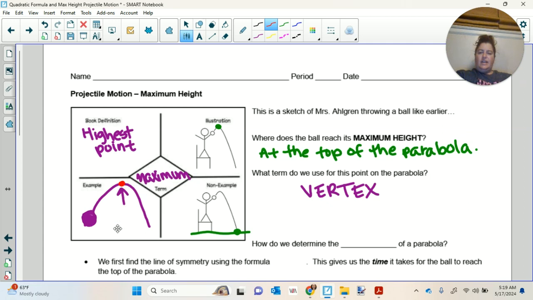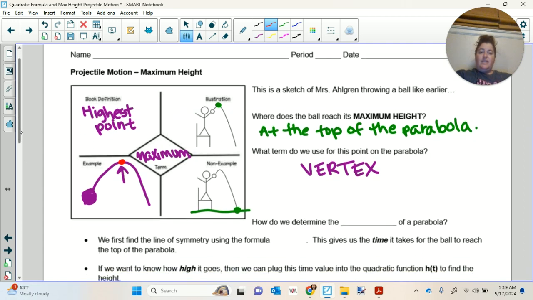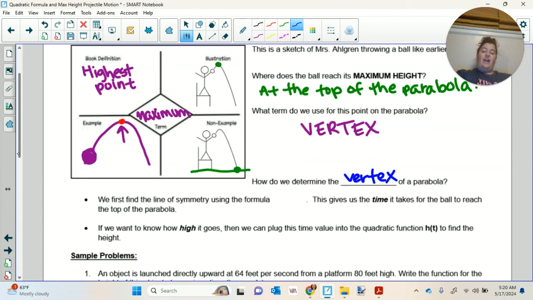What is the highest that it can go? And so the question really is, because we talked about this very briefly in the fall, our goal today is, how do we find that vertex of a parabola? Because my guess is that you've probably forgotten.